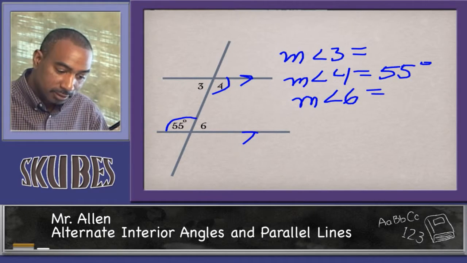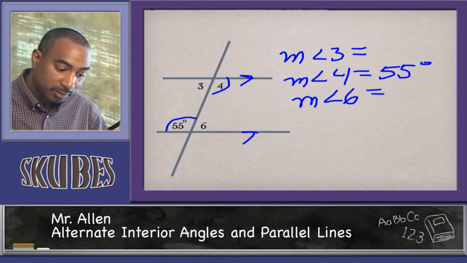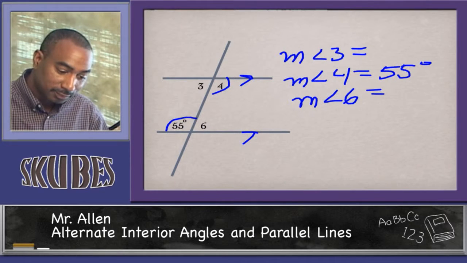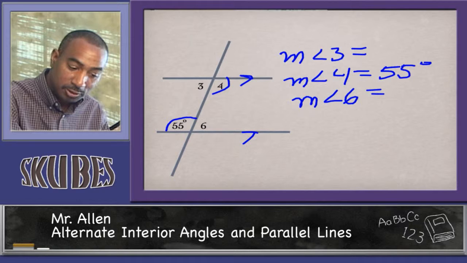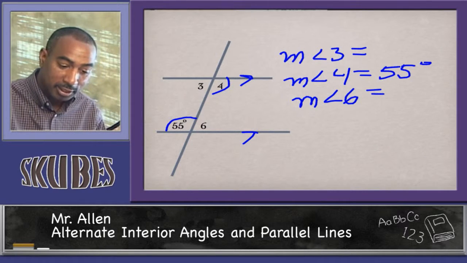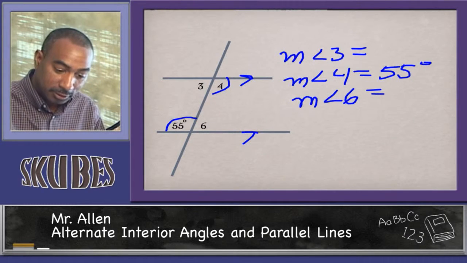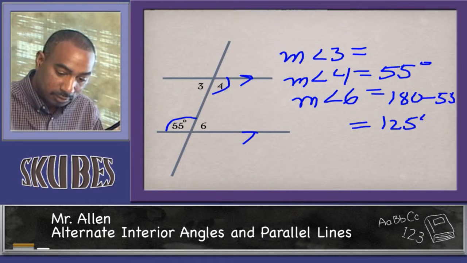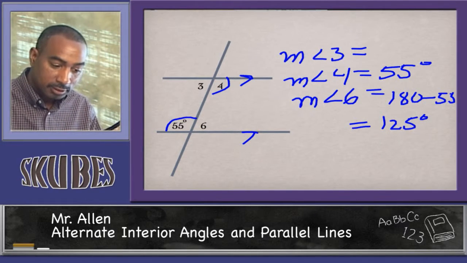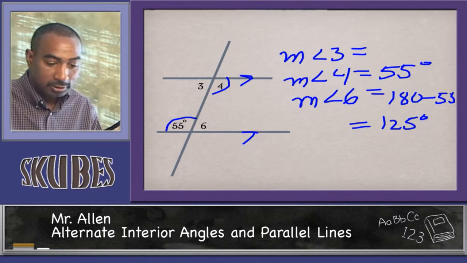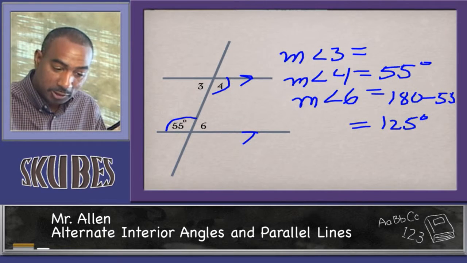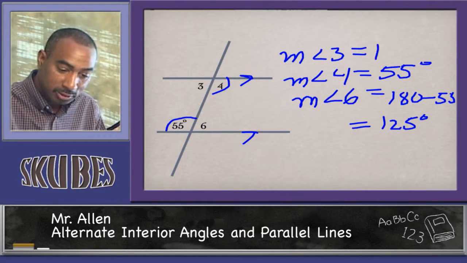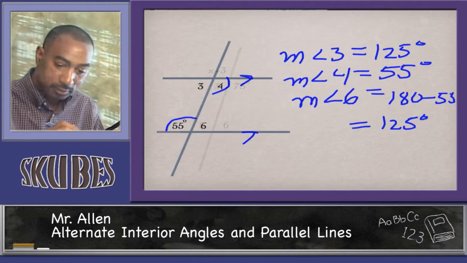Angle 6 is related to 55 in the sense that these two angles must add up to 180 degrees. So this is simply 180 minus 55, which gives you 125 degrees. And since angle 3 and angle 6 are alternate interior, the measure of angle 3 must be 125 degrees.